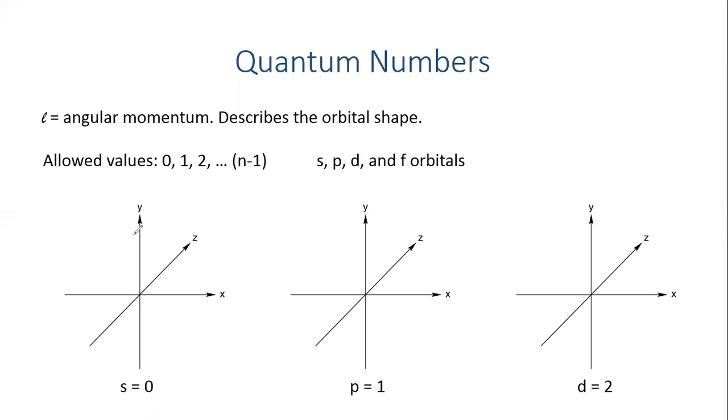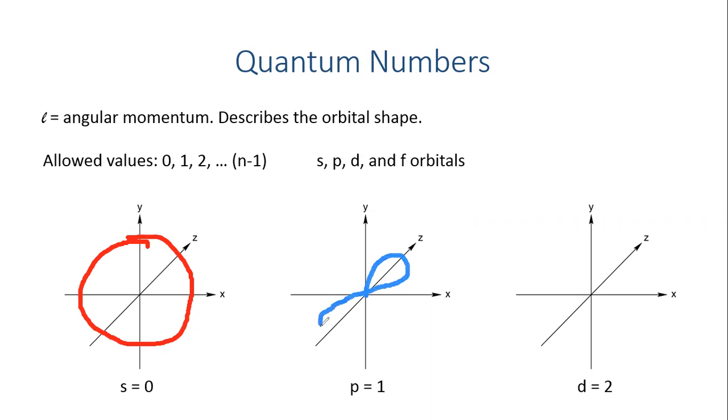So first off, our s suborbital over on the left here looks just like a sphere. So imagine this in 3D space. This is going to be a perfect sphere around our axes here. Then if we move over to our p suborbital, it looks kind of like two teardrops that are put together.